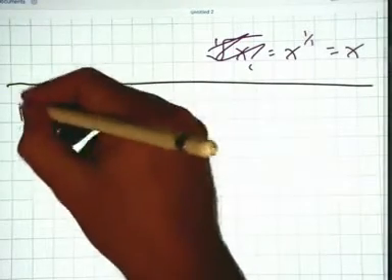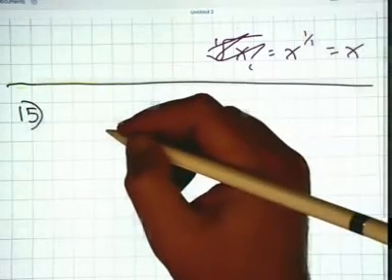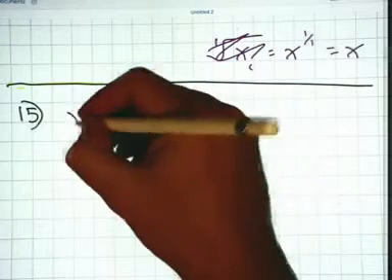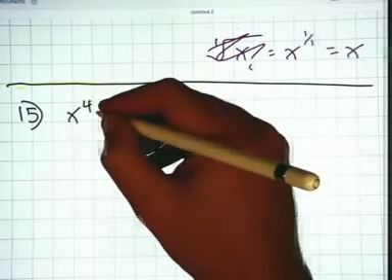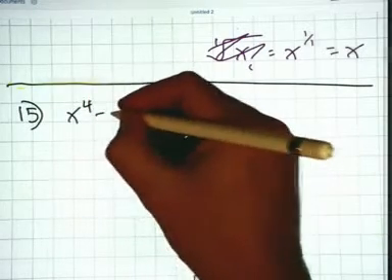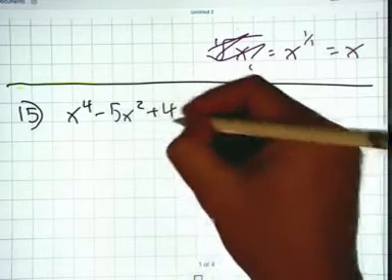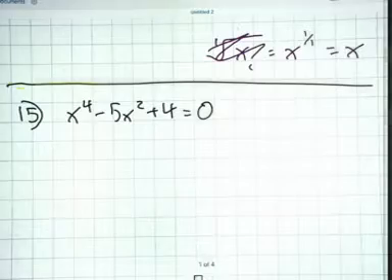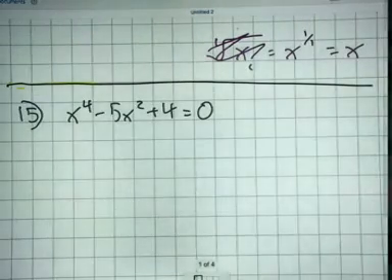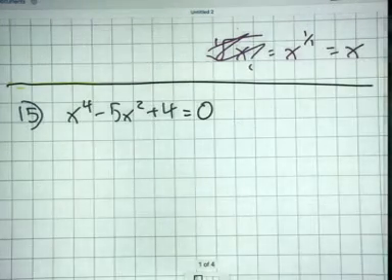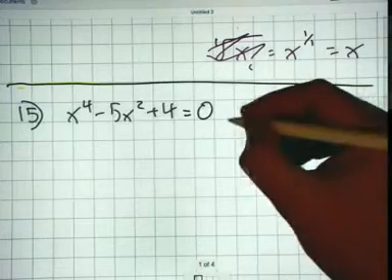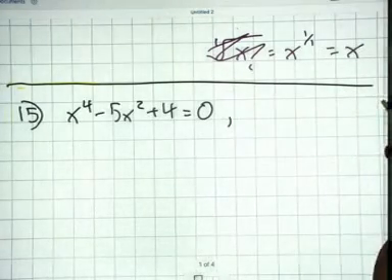15. We have x to the 4th minus 5x squared plus 4 is equal to 0. Now, there's a little bit of a clue as to how to solve this problem, because the directions say solve the quadratic type.